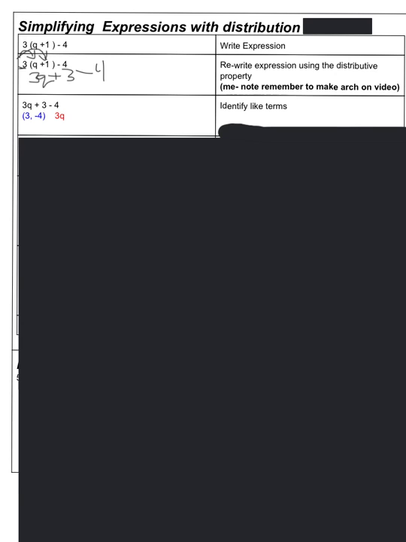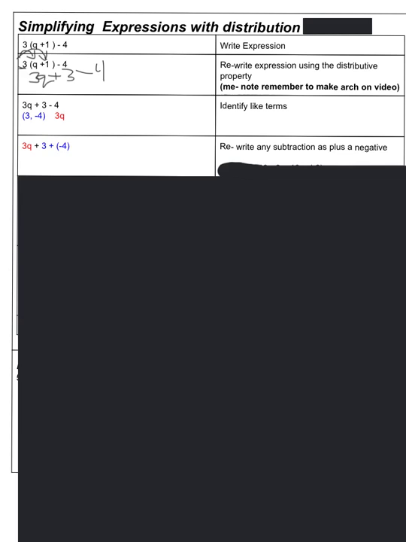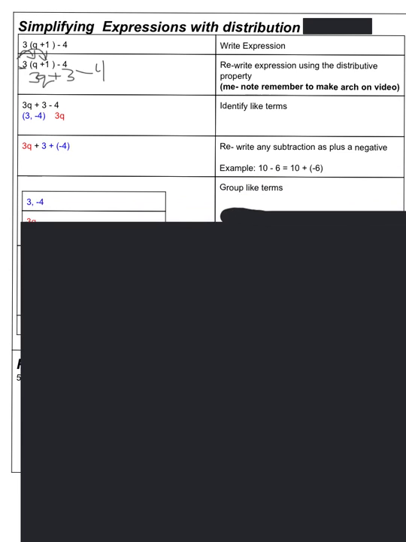The next step is we are going to rewrite any subtraction as plus a negative. You can see we have minus 4, and we've changed that to plus a negative 4. Now that we have rewritten any subtraction as plus a negative, we can move on to our next step.